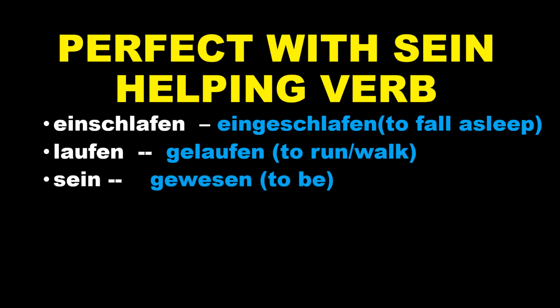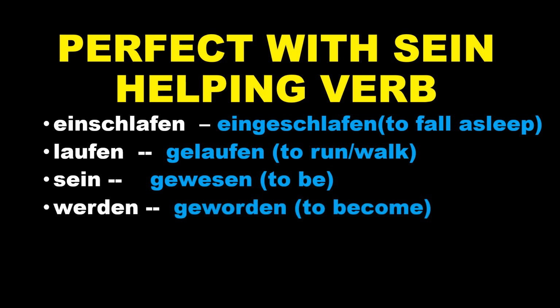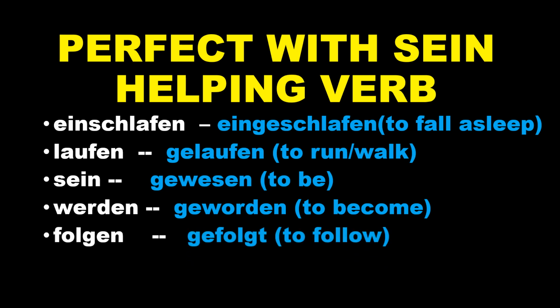The next verb is sein itself. Sein also we can use, and the helping verb will also be sein. Gewesen, to be, gewesen. The next verb is werden. The Partizip zwei form will be geworden, to become. The next verb is folgen. Folgen, gefolgt, to follow.